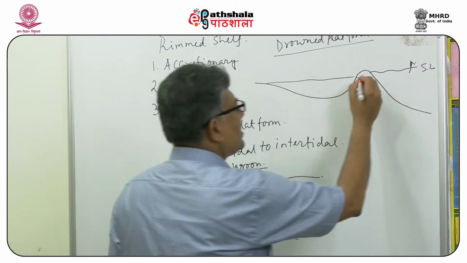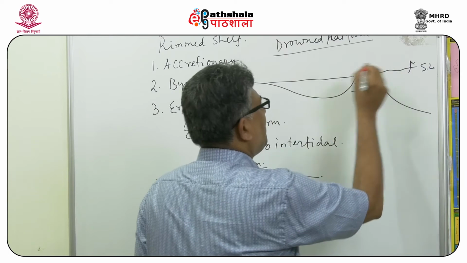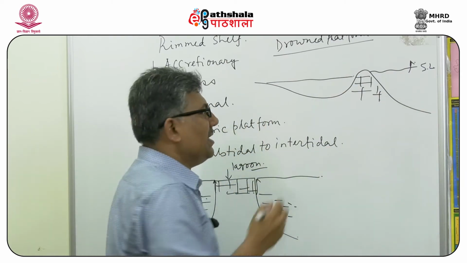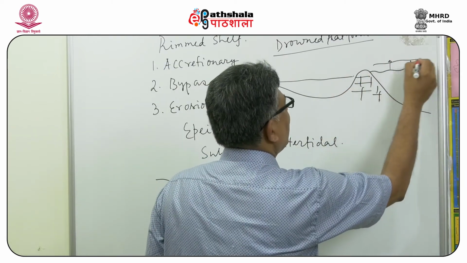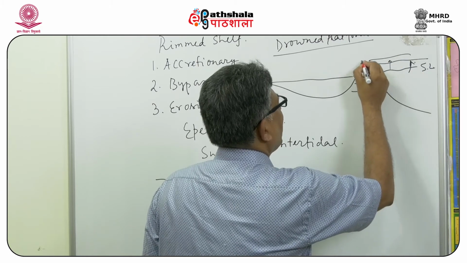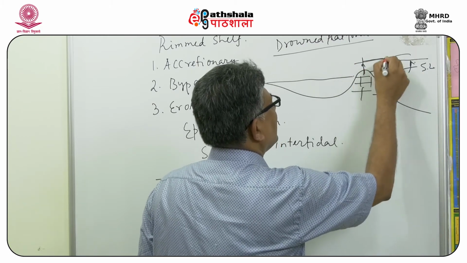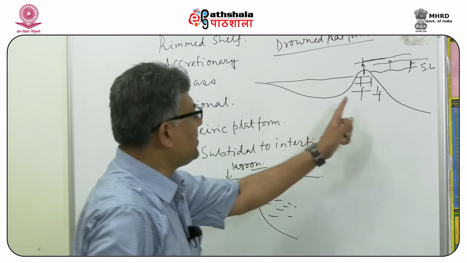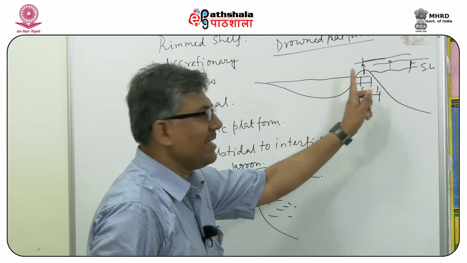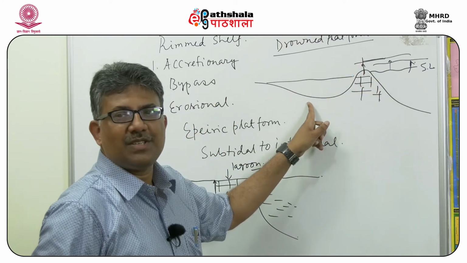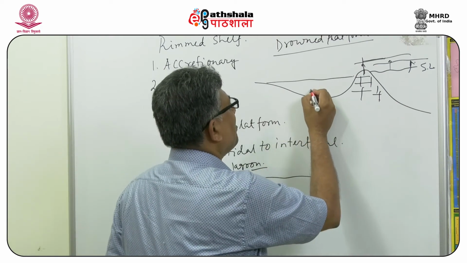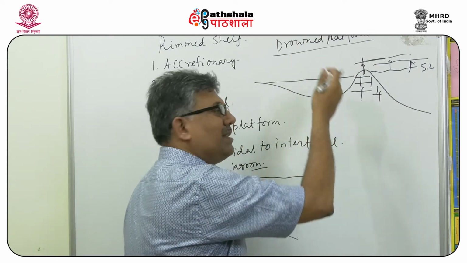If this platform geometry wants to remain the same, then with the rise in the sea level, this reef system also has to grow to keep pace with the rise in the sea level. But if this production is not high, then this will become more and more deep water and more low energy.